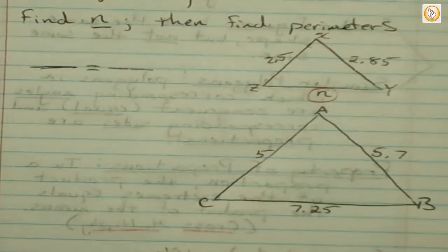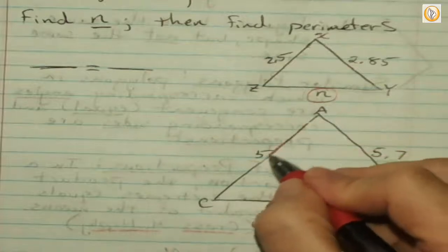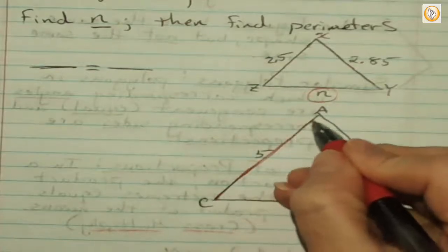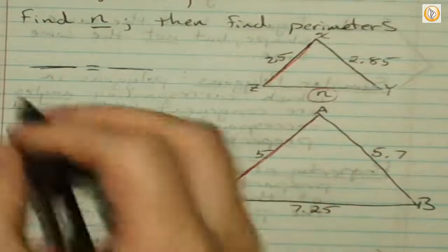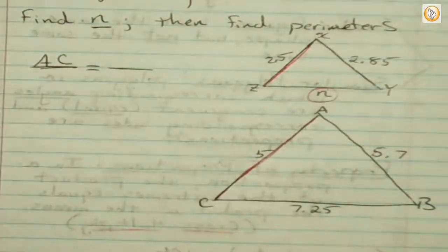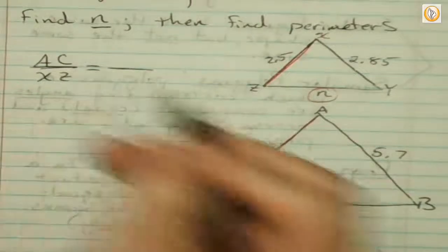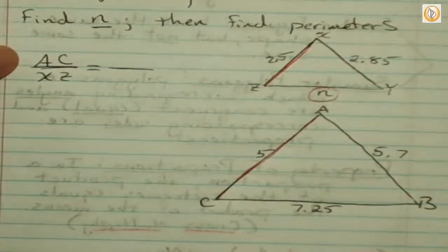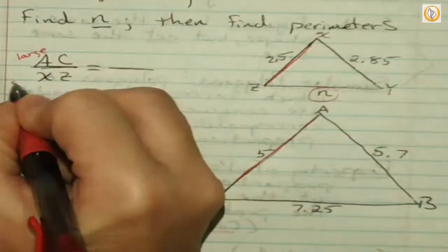Which sides do you want to compare? A and C and X and Z. Okay, so he's going to take the large side here because there's a given measurement and it corresponds with this one that has a given measurement. So AC and XZ. So the large on top, he's got small on the bottom. I'm going to say large and small.